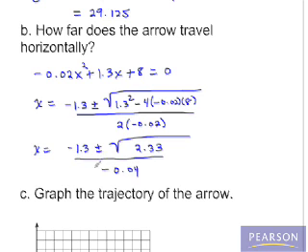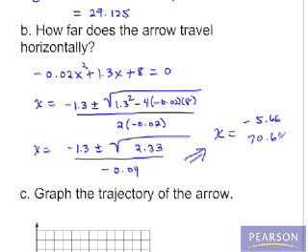And again, we're going to crank out two x values. x equals negative 1.3 minus the square root of 2.33 over negative 0.04, which gives us negative 5.66, and the other x value, negative 1.3 plus the square root of 2.33 divided by negative 0.04, gives us 70.66.